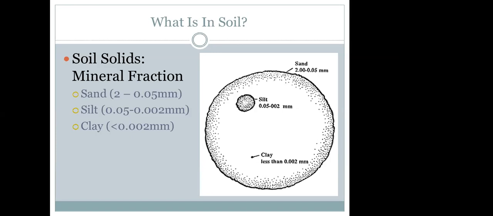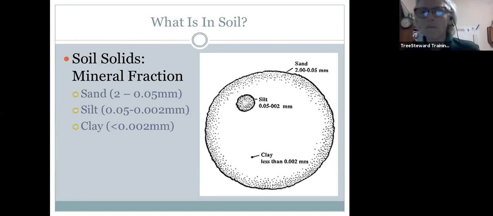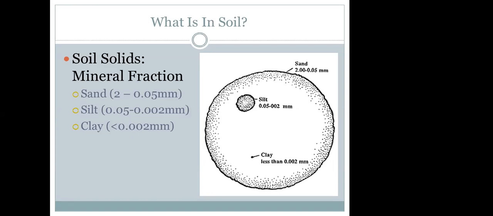So pretty small, but much bigger than silt, much bigger than clay. Silt is any mineral particle between 0.05 and 0.002 millimeters, and then clay is any mineral particle less than 0.002 millimeters.